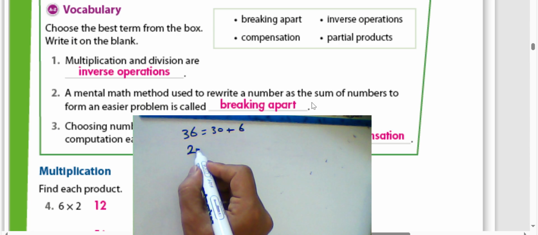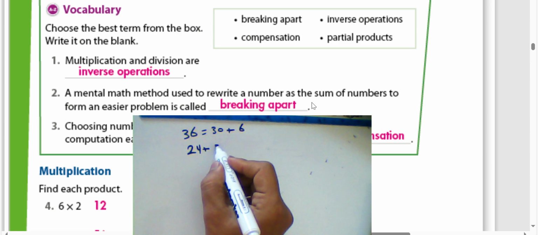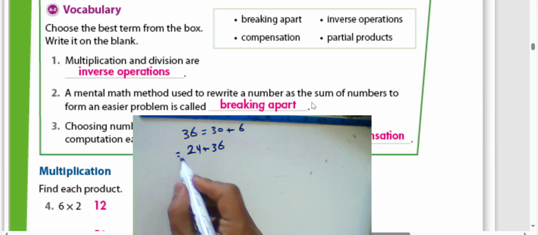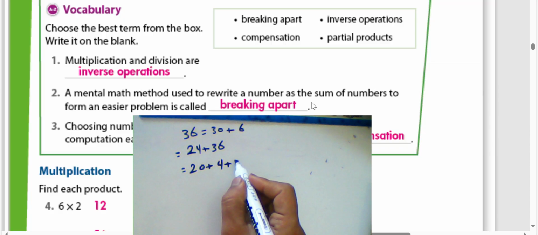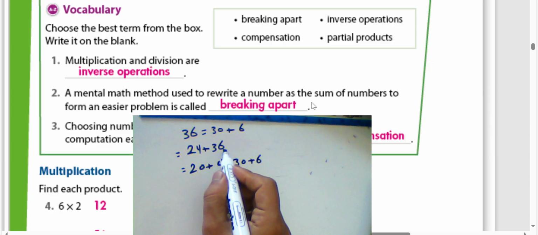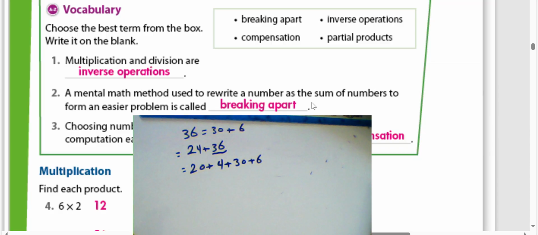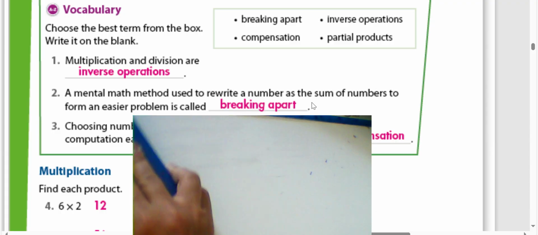Or if we have 24 plus 36, we can write 24 equals 20 plus 4 and 36 equals 30 plus 6, using breaking apart to find the result.